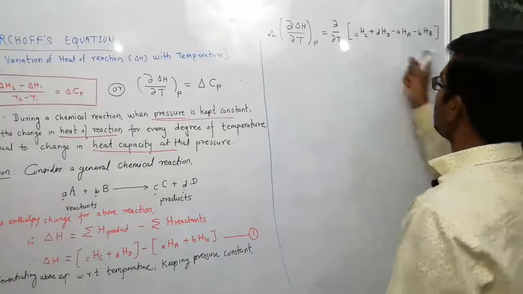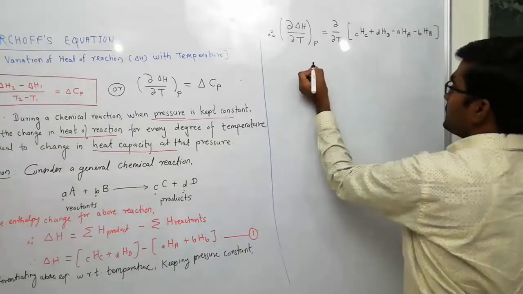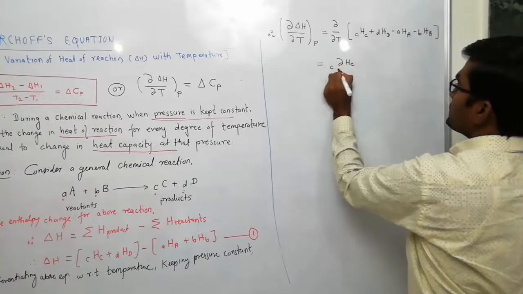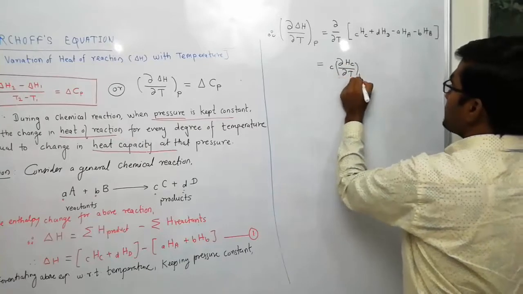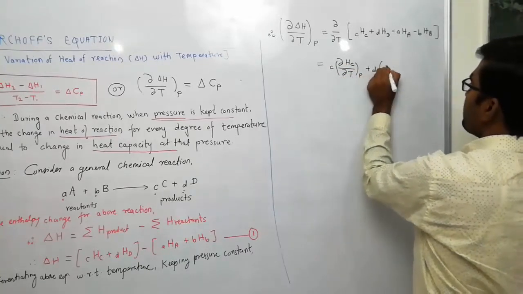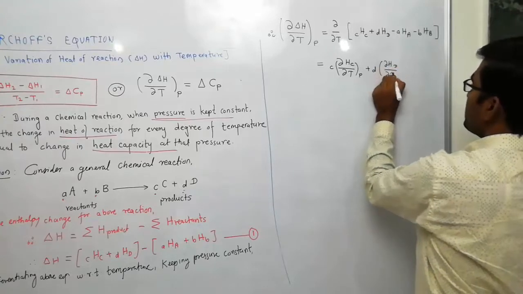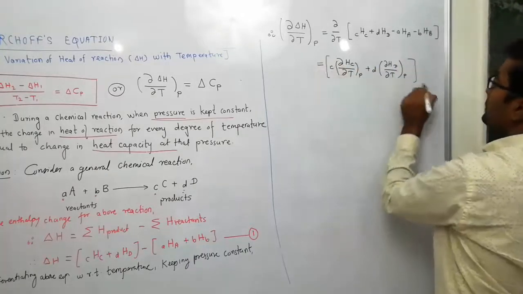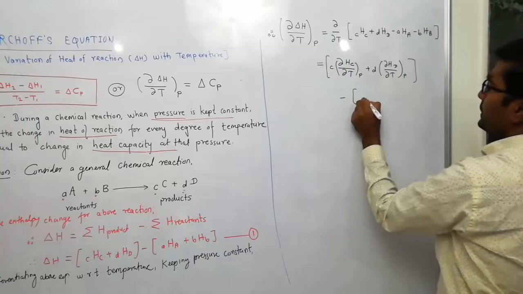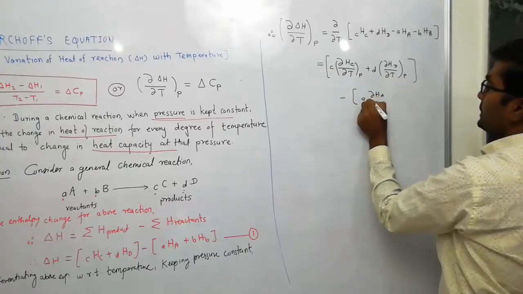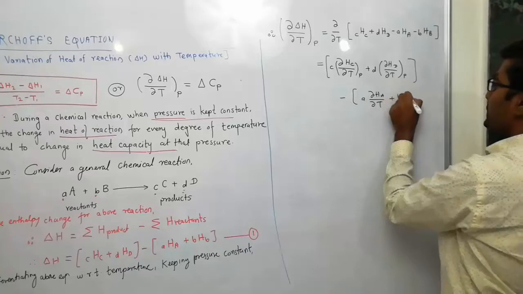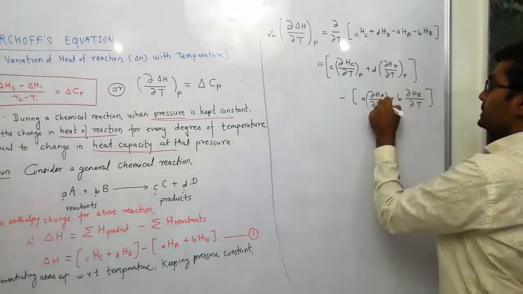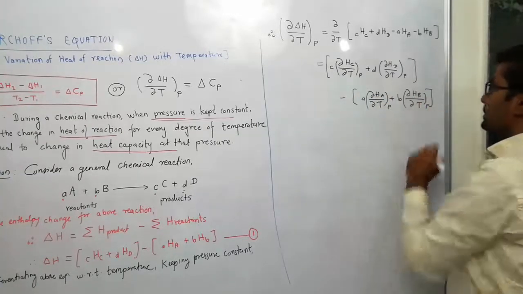Now, let us take the derivative inside the square bracket, then we get small c into del HC by del T at constant pressure, plus small d into del HD upon del T at constant pressure, then the next term, minus small a into delta HA upon delta T plus small b into delta HB upon delta T. So this is at constant pressure.